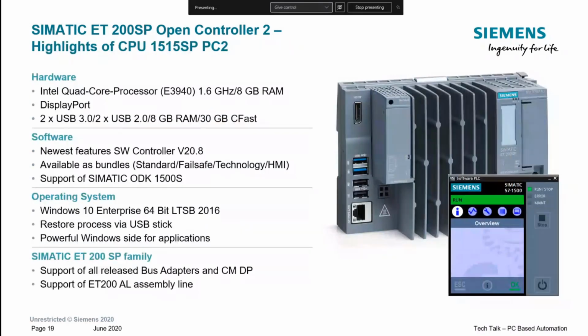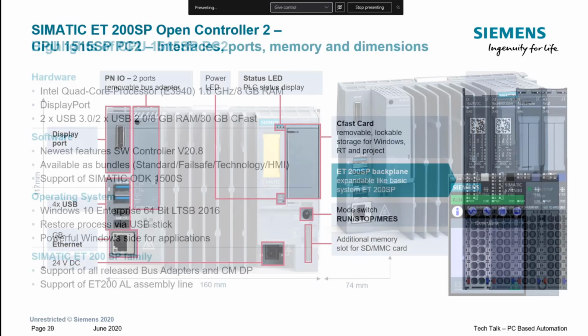Now, in its own right, it is quite a powerful little computer. We can see here it has a quad-core processor in it with 8 GB of RAM. You can see on the front of it, the blue USB slots are actually USB 3 and they are powered. The whole device runs on a CFast card. On the flap on the right hand side, we can open this up and remove that card as we require.